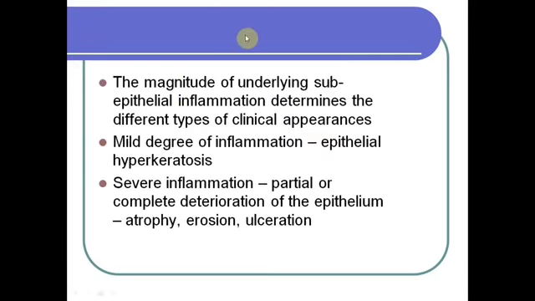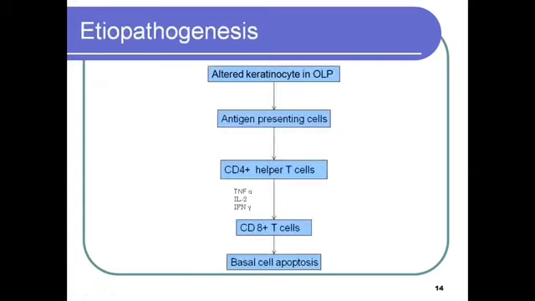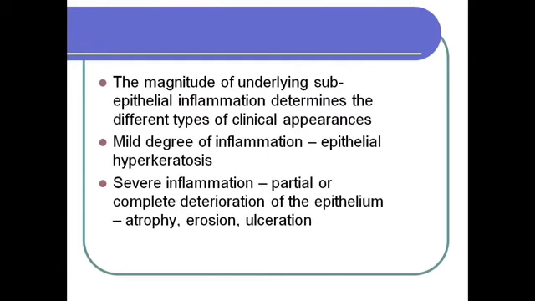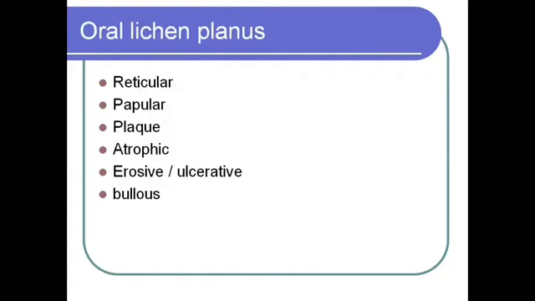So the magnitude of underlying subepithelial inflammation determines the type of clinical appearance. So what is happening at the subepithelial level determines its clinical appearance. If it is a mild degree of inflammation, it could be due to epithelial hyperkeratosis, and in severe inflammation, there will be partial or complete destruction of epithelium, that is atrophy, erosion, and ulceration.